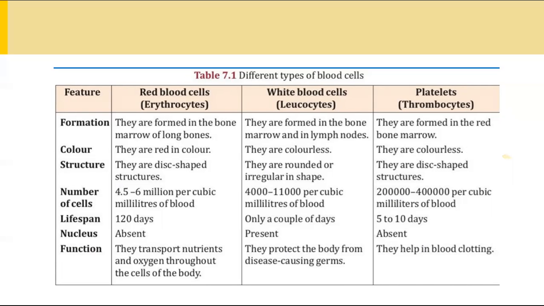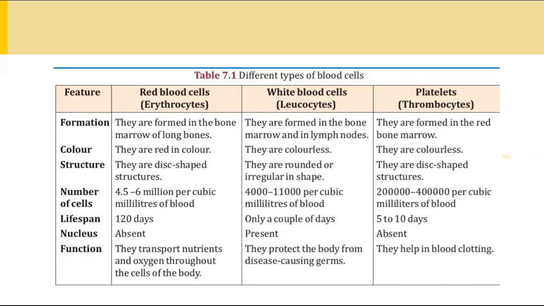Platelets are formed in the red bone marrow. The color of RBC is red, while white blood cells and platelets are colorless. The structure of RBCs is disc shaped, WBCs are rounded or sometimes irregular in shape, and platelets are disc shaped structures.